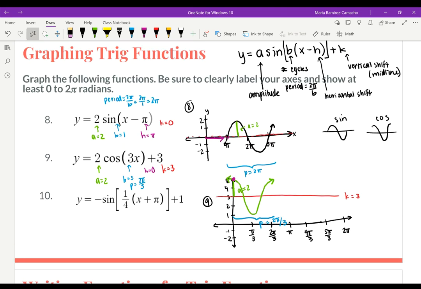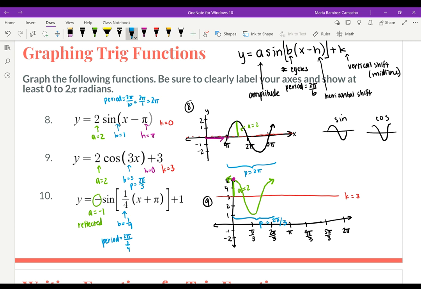For number 10, our amplitude is negative 1. That means that this graph has to be reflected. It's going to be flipped across the x-axis. b is 1/4. Period equals 2 pi over 1/4.